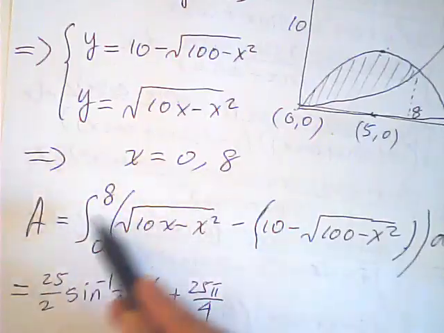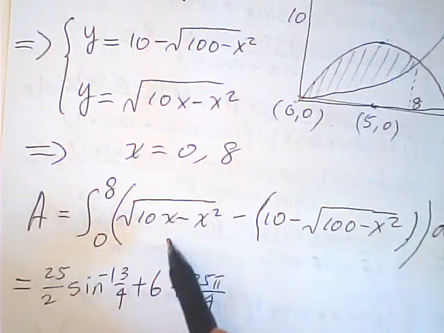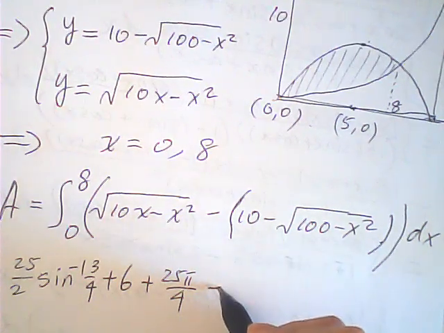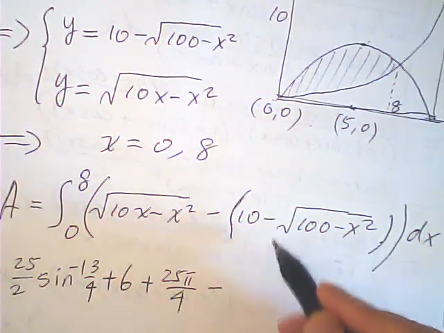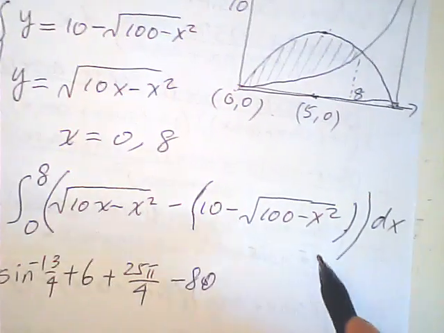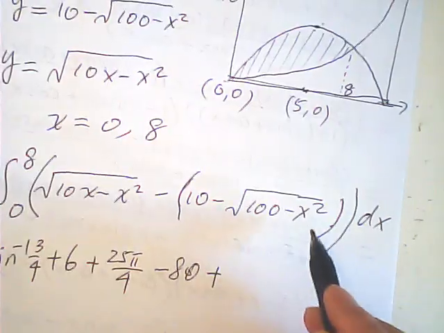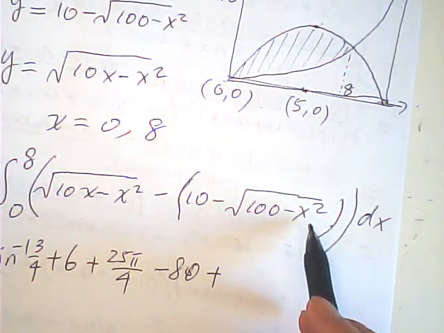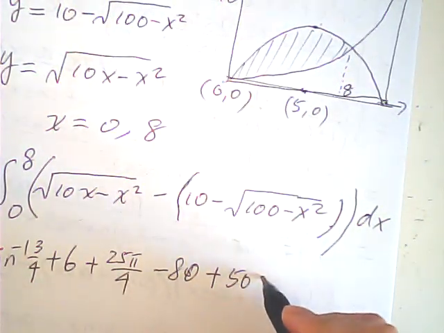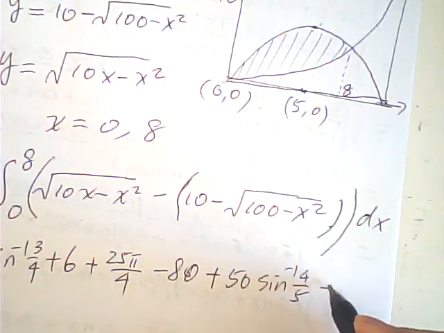That is this one. Okay, using complete square, then trigonometric substitution, then you get this one. This one is 10x, right, from 0 to 8 is 80. And this one simply use trigonometric substitution. Let this one be 10 sine theta, right? It's easy. Equal 50 plus 24.